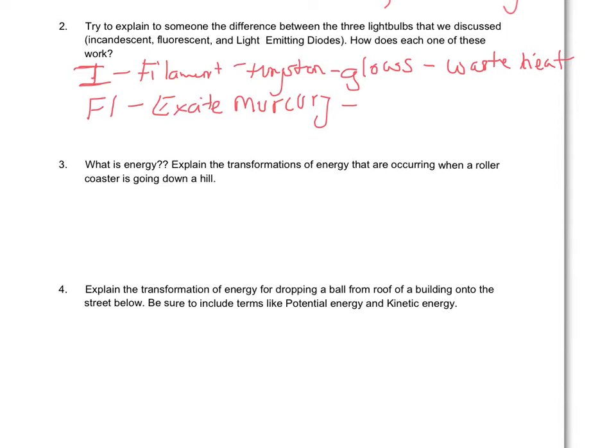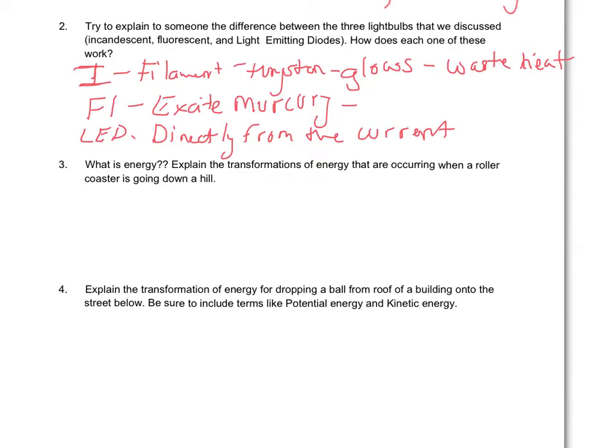The last one are the LEDs, and these are the most efficient. These are the ones that we're really starting to gear towards. These are by far the most efficient, and that is because the light comes directly from the current, the electrical current, which is why we're seeing that light.